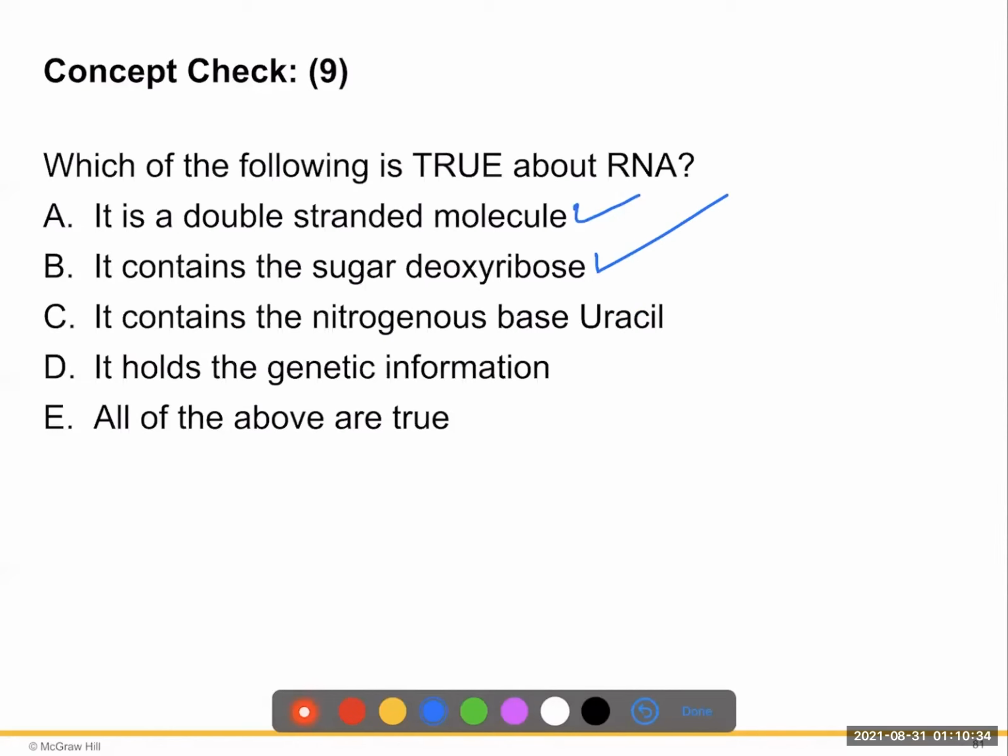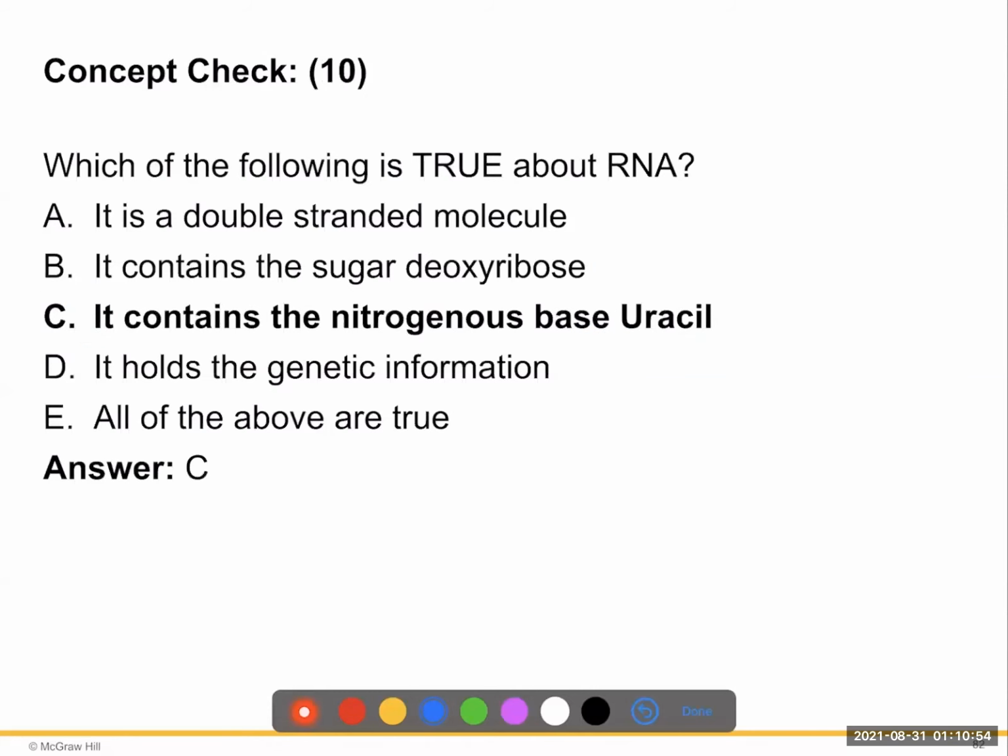Yeah. It is C. Contains uracil. Remember, uracil replaces thymine in RNA. It's single-stranded. It contains ribose as its sugar. And it's a recording of the genetic information. It doesn't hold genetic information. It records it and sends it into the cell. So it would be C. Contains nitrogenous base uracil.